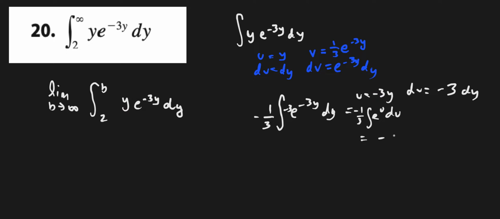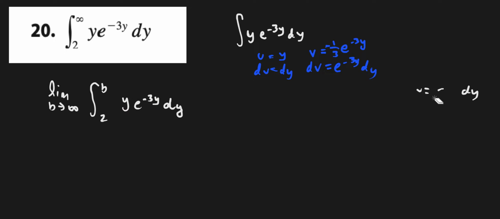So this is negative 1/3 e to the negative 3y. I forgot a negative here, and that makes sense because it's negative 3y. If this was e to the 3y, then that would be just 1/3 e to the 3y. Plus c, which we don't need for integration by parts, so that's fine.